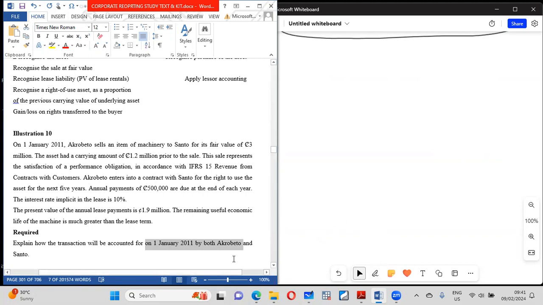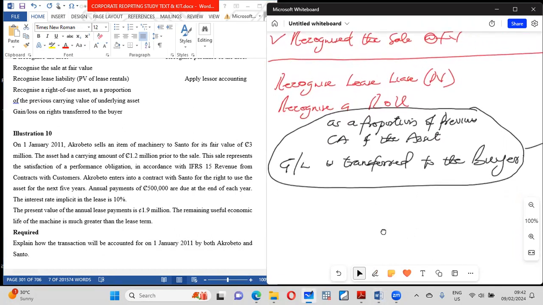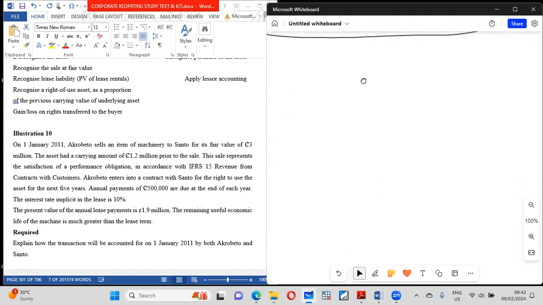It means that we are going to remove the carrying amount from our books and recognize a right of use like the way we do it. But don't forget, we said that the right of use, when we are recognizing, will be a proportion of the old carrying amount. And the gain or loss is transferred to the buyer. Okay, so let's look at Acrobeto.